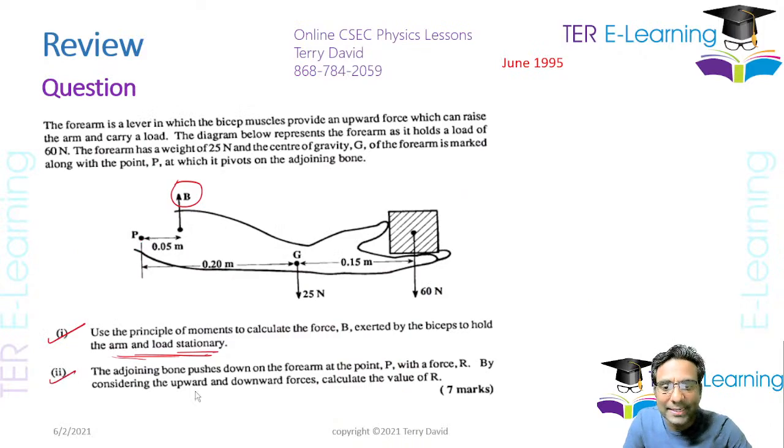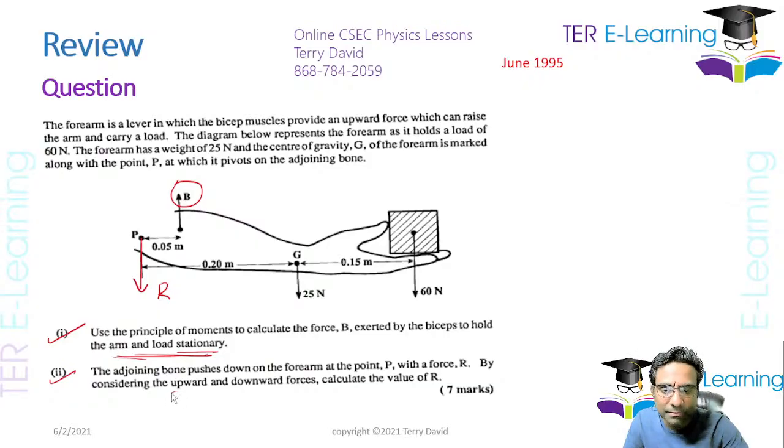In part 2 now, they said the adjoining bone pushes down the forearm at the point P with a force R. Considering the upward and downward forces, calculate R. What they're saying is that if this muscle, the bicep, is pulling up at B, the bone at the forearm has to be pushing down here with a force R. So we need to figure out what this force R is, and they kind of give us a hint.